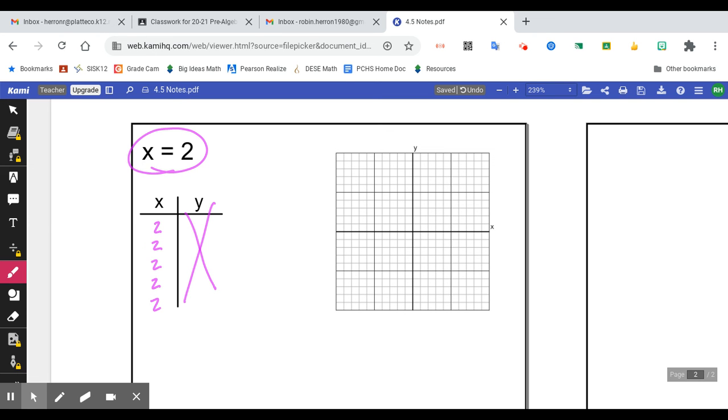So for my x, I need to have 2, which means it's always 2, 2, 2, 2. No matter what you put here, it's always going to be 2 when you bring out for x. And that means it's our vertical line. So it's a vux. Okay? All right, good job, you guys.